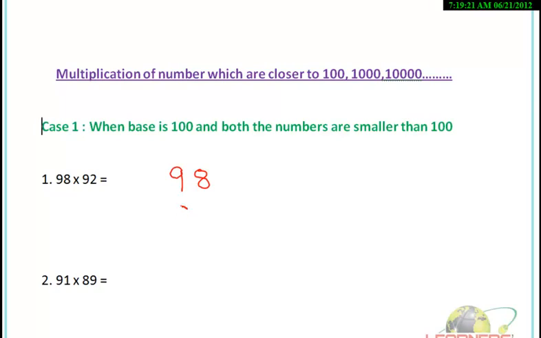Now 98 is 2 less than 100 and 92 is 8 less than 100. What we are doing here is just finding the difference of the given number from 100. Now we just have to multiply these two numbers, that is 2 into 8. It will give you 16.